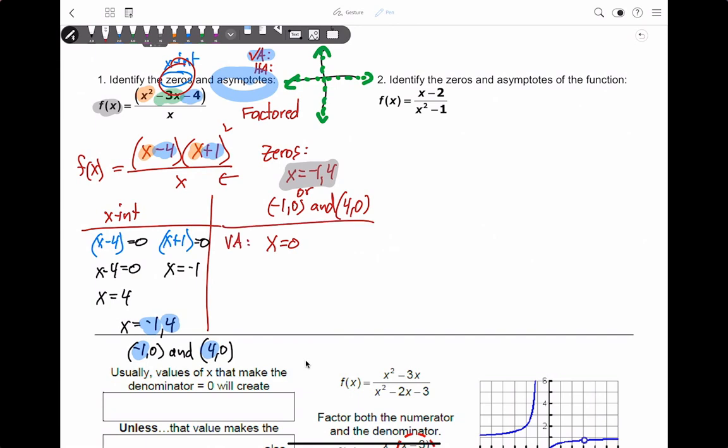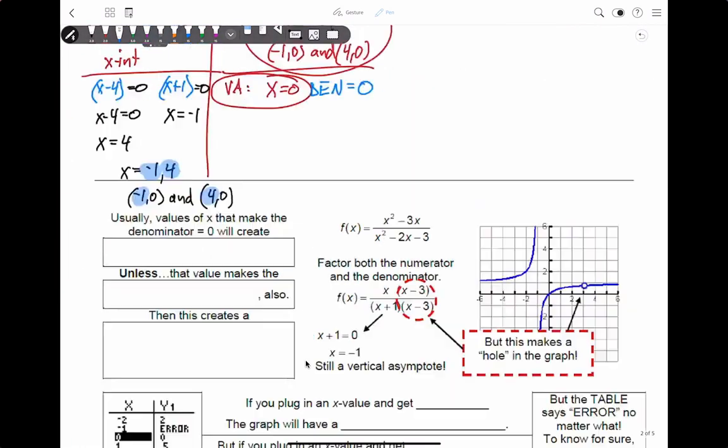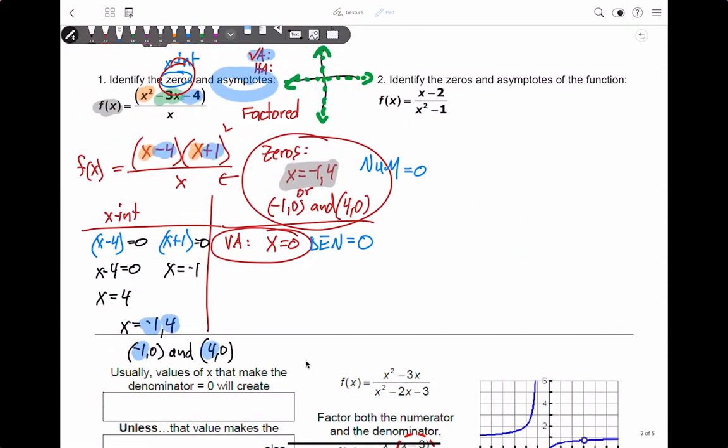Now I have the zeros of the function and my vertical asymptotes. The zeros came from the numerator set equal to 0, and the vertical asymptote came from the denominator set equal to 0. Now I want to look at this acronym down here, Botu, Bobo, Betsy, to see where my horizontal asymptote is going to exist.